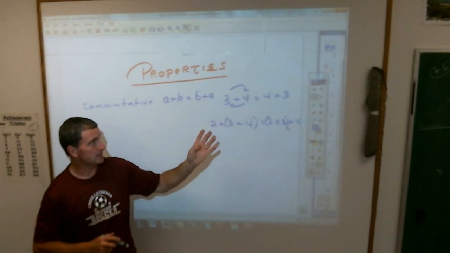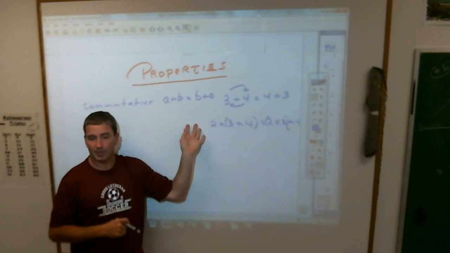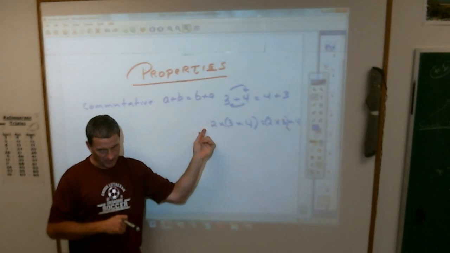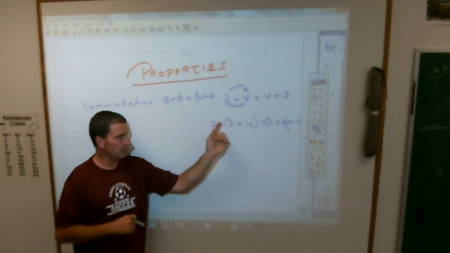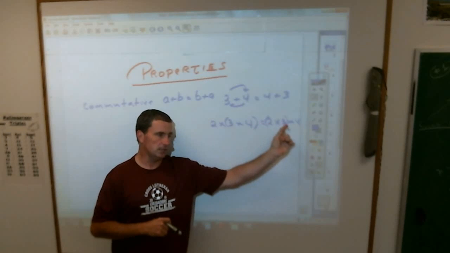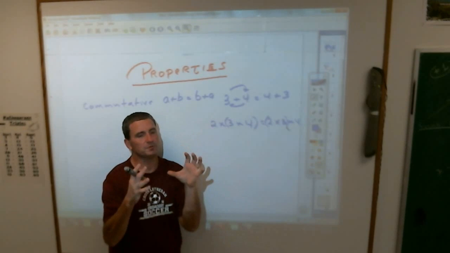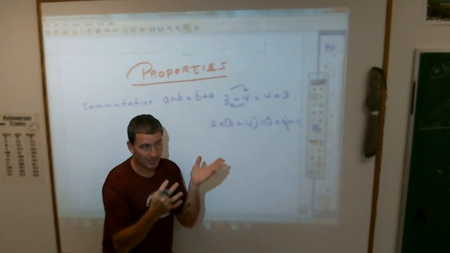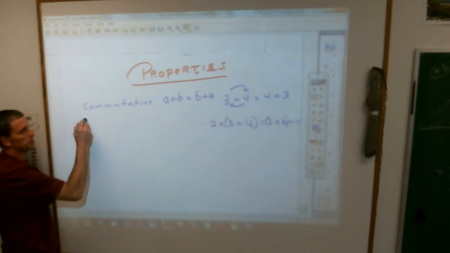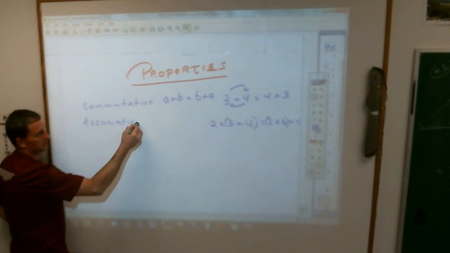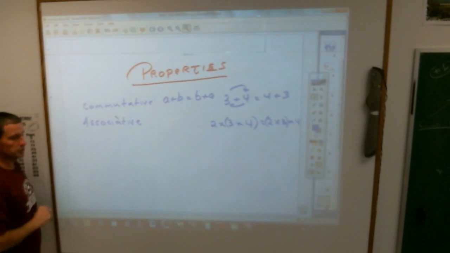Now people get that mixed up with the commutative property, but if you look at this, have the numbers moved to different places? No, the numbers have all stayed the same. What happens is you've changed which ones you group together, and the property is called the associative property. The associative property.